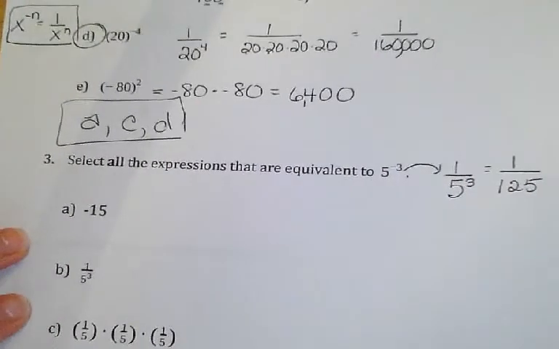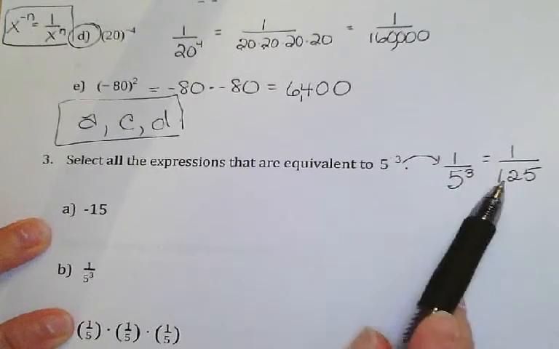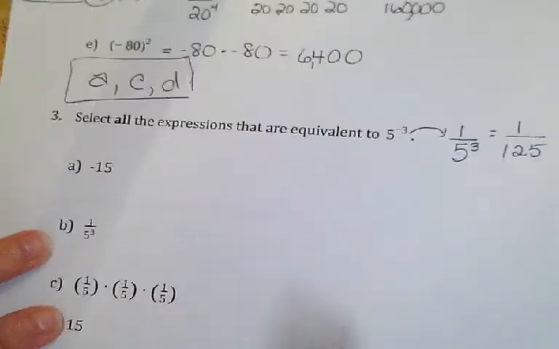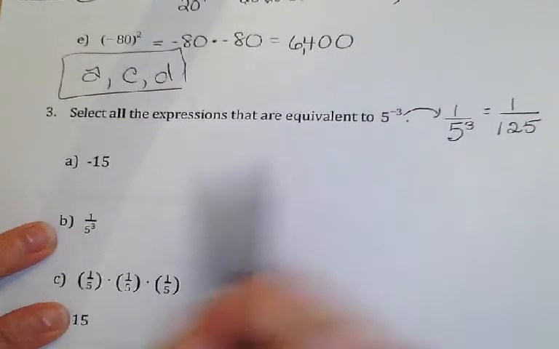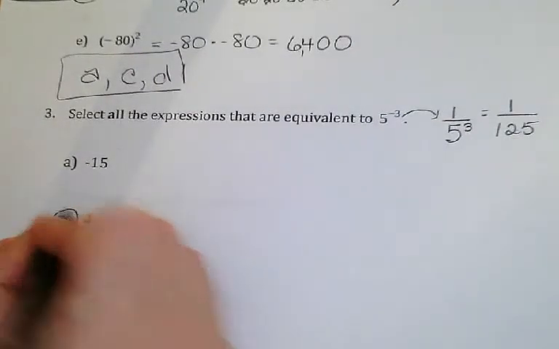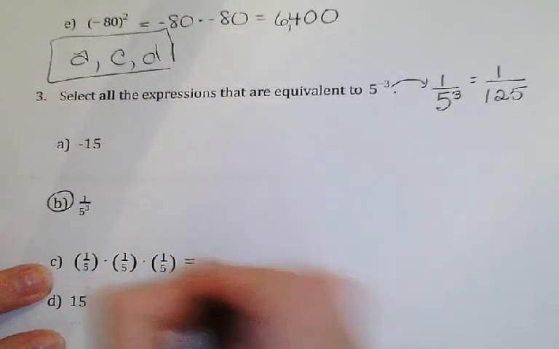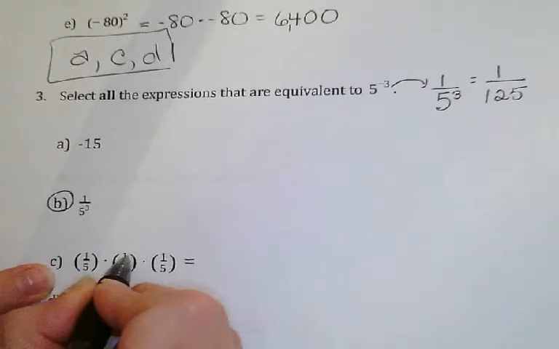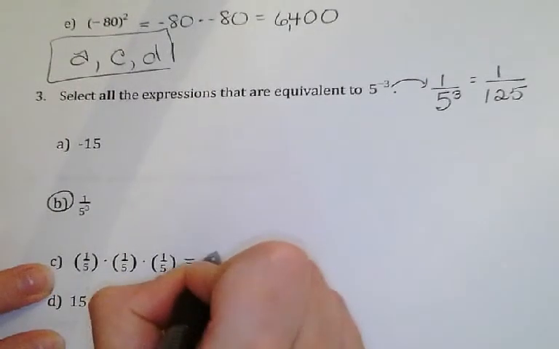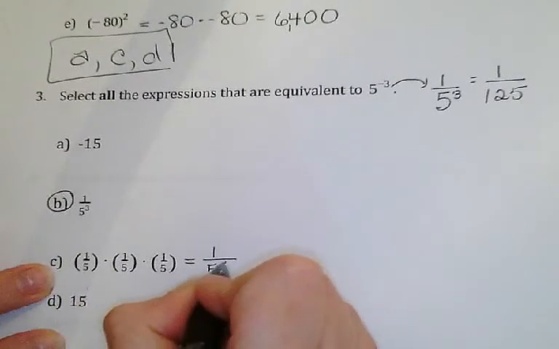Okay, so let's take a look at the first one. Is negative 15 equal to one of these? No. Is part B equivalent to one of these? Yes. Here, let's simplify this. There are 3 ones. Well, 1 to the third power is just 1. There are 5 3s, so this is the same as this.